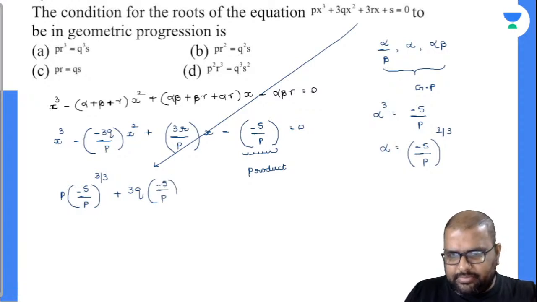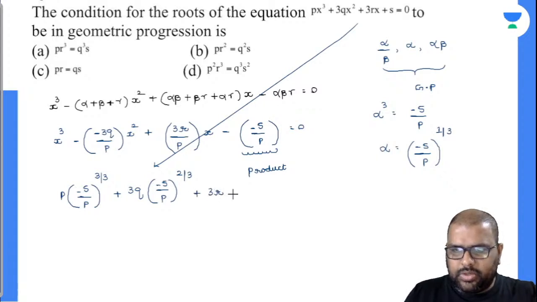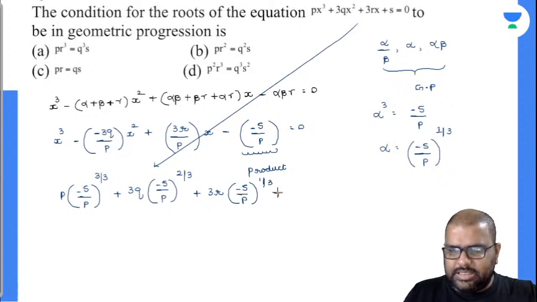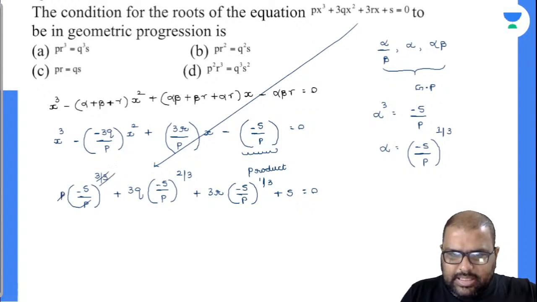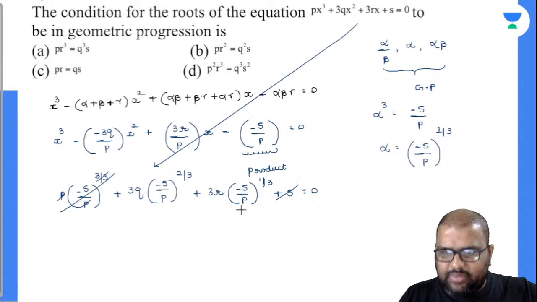Automatically this becomes 2 by 3. Plus 3r into minus s by p whole to the power of 1 by 3, plus s is equal to 0. So finally this 3 gets cancelled, this p gets cancelled, which will become minus s. So this minus s plus s will get cancelled off.